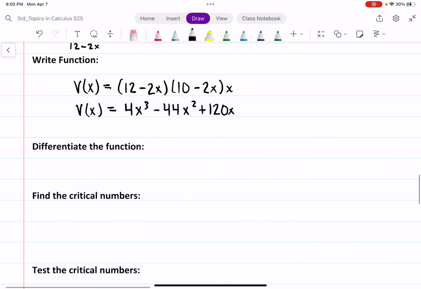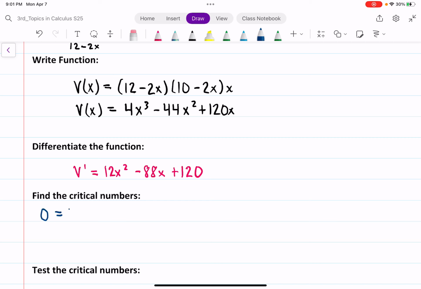All right, and now we want to go through the process of differentiating the function. So if we do that, we get 12x squared minus 88x plus 120. And now to find the critical numbers, we have to set it equal to 0 and solve for x.